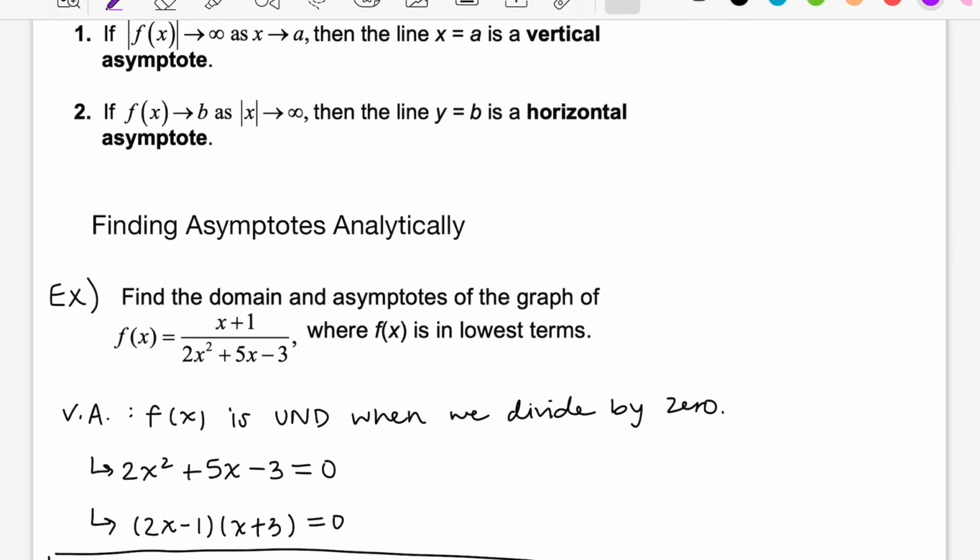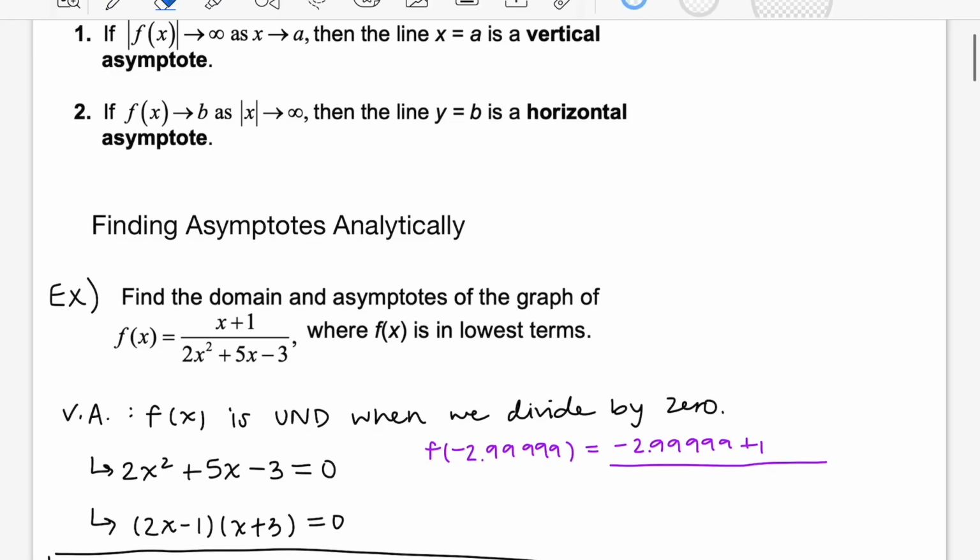So as x gets closer and closer to -3, for example, if x were negative 2.99999, then our function is going to be negative 2.999 plus 1 over, this is a plus 1, 2 times negative 2.99999 squared plus 5 minus 3.